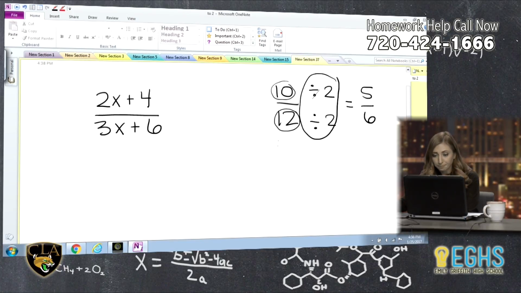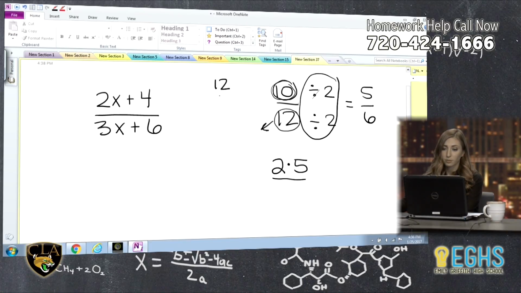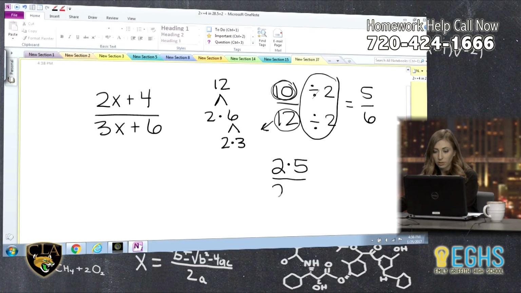So instead, I could factor the numerator and the denominator. 10 is the same thing as 2 times 5, and 12, if I do a factor tree, is 2 times 6, and then breaking that down, 2 times 2 times 3.